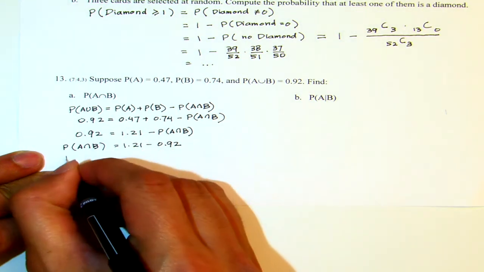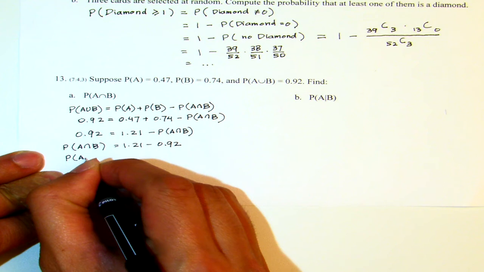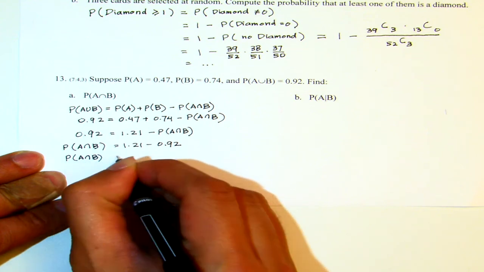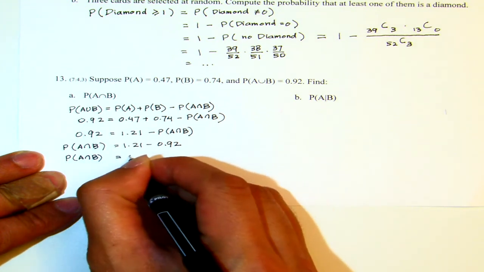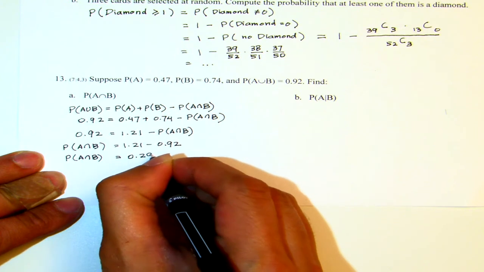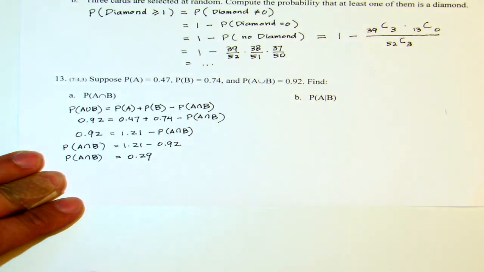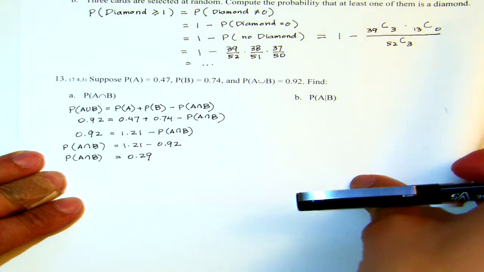Which is then probability of A intersection B equals 0.29. Okay, now that's for part A.